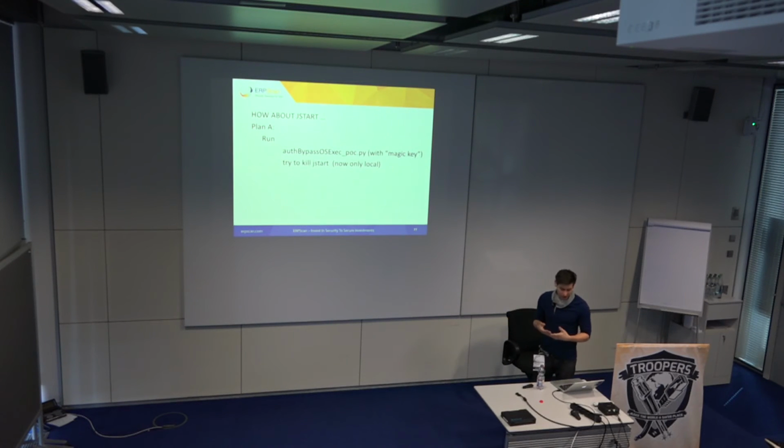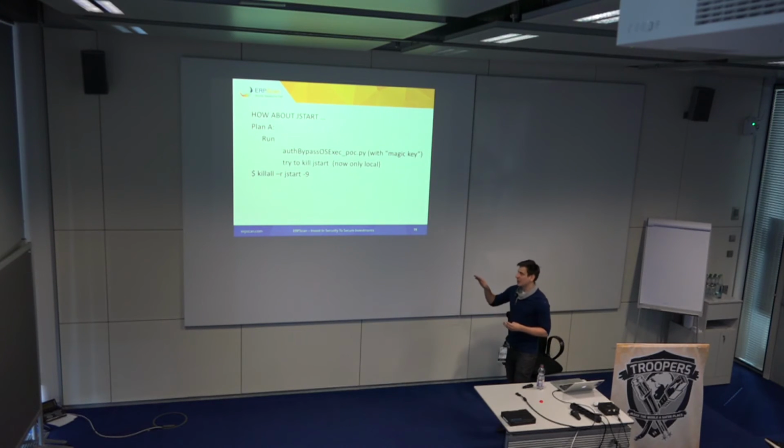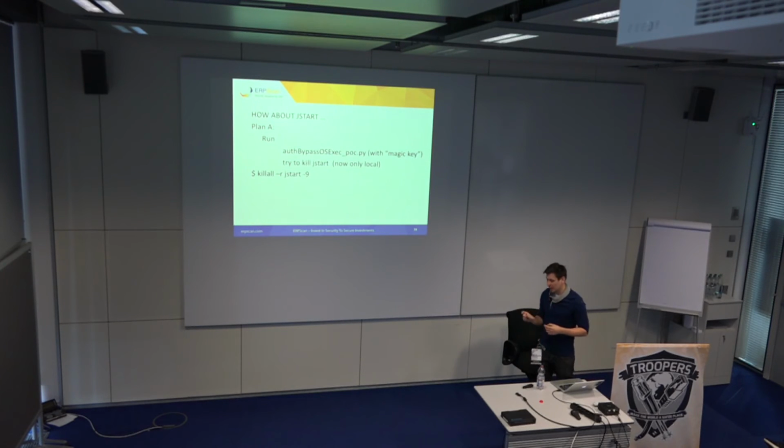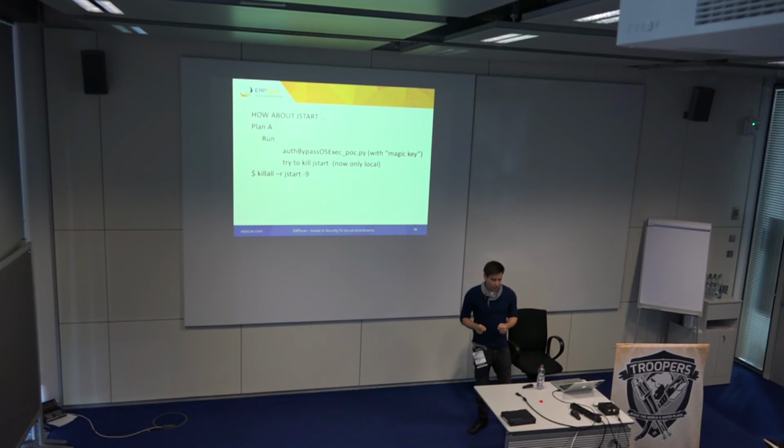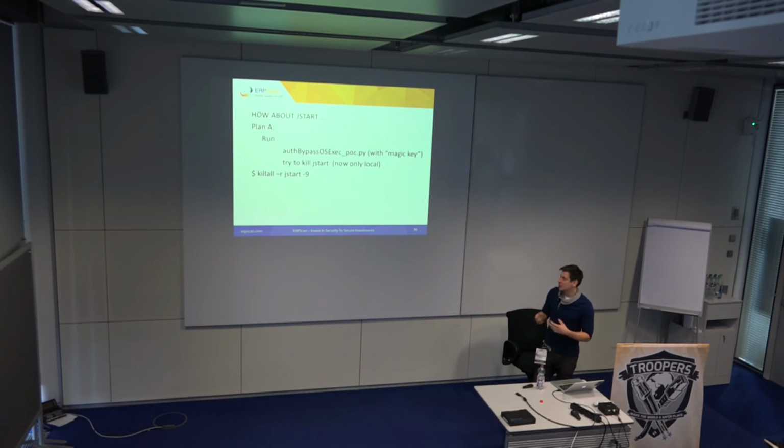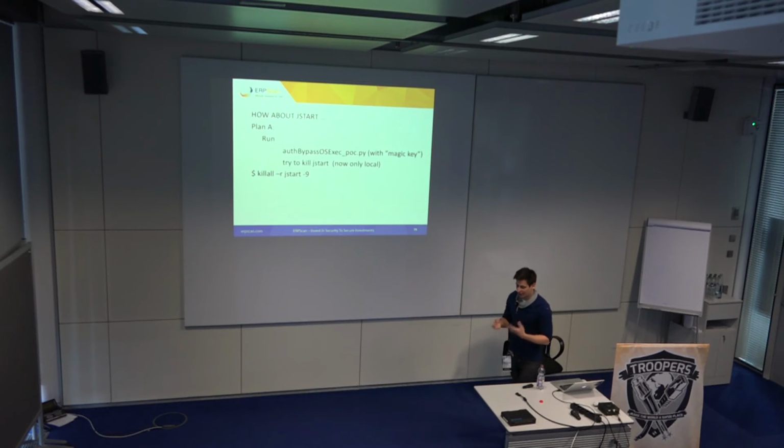And if everything is okay, after using the command, we try to kill G-start using the killall command. And if everything is okay, in a small time the password for the hard-coded username should be XAAX, and if it's true, our script will successfully authenticate, and we will get a reverse shell.